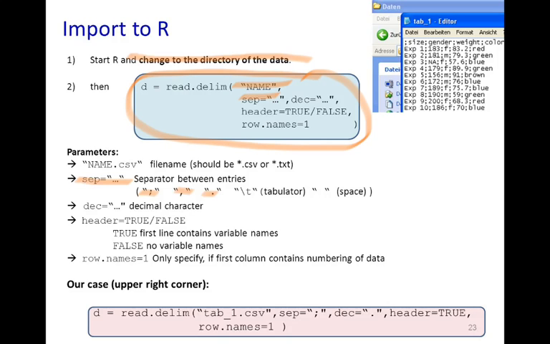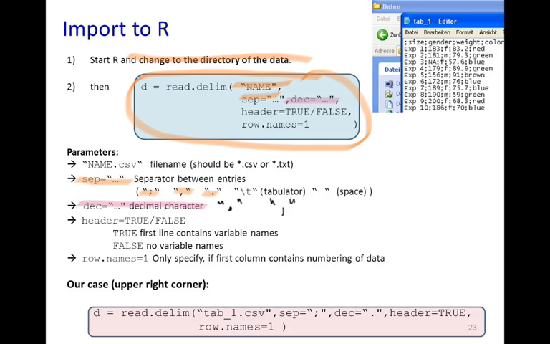Then you need to provide a decimal character, and this can be, as already mentioned, a dot, which is in Swiss computers. It can be a comma in German computers. It could theoretically be also other things, but I think point and comma will be the ones.